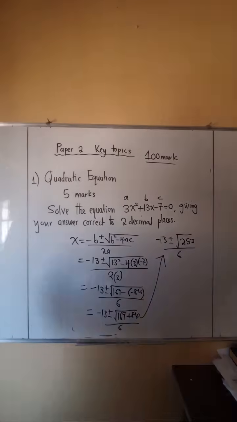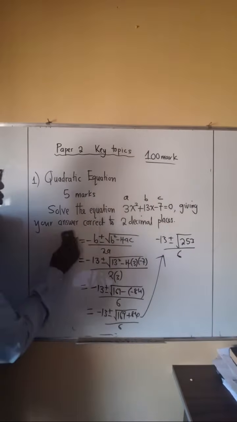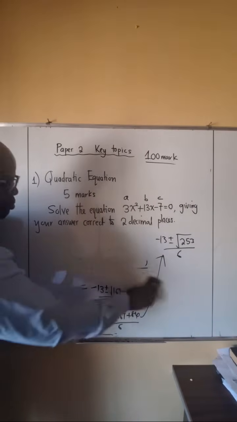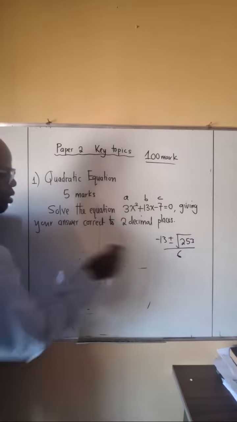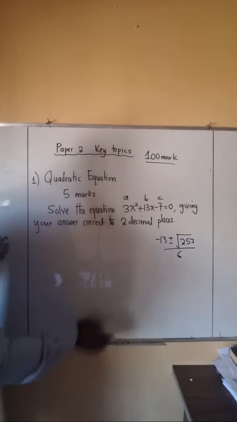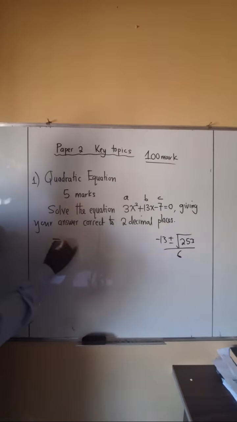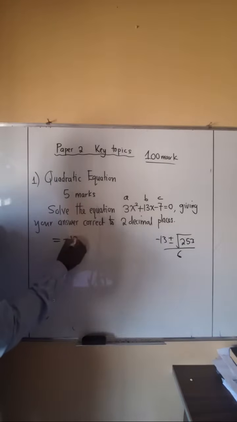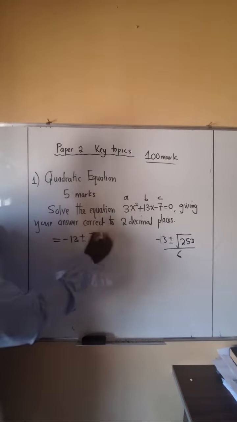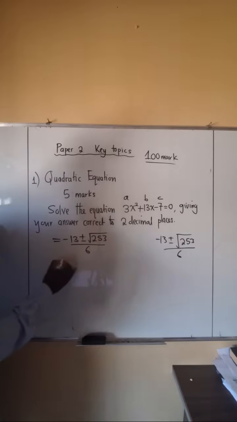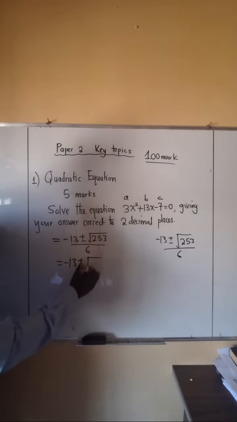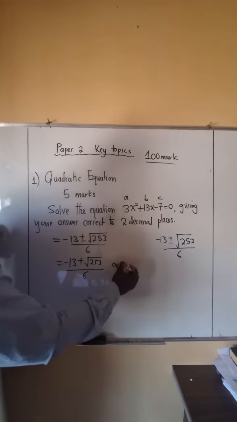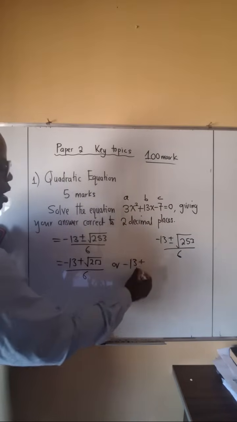So now from this step, let me just erase. I'm running out of space, so I'm going to remove this and say, okay, equal to, because we're at this point, negative 13 plus or minus square root of 253 over 6. So here it will be negative 13 plus square root of 253 over 6, or negative 13 minus.